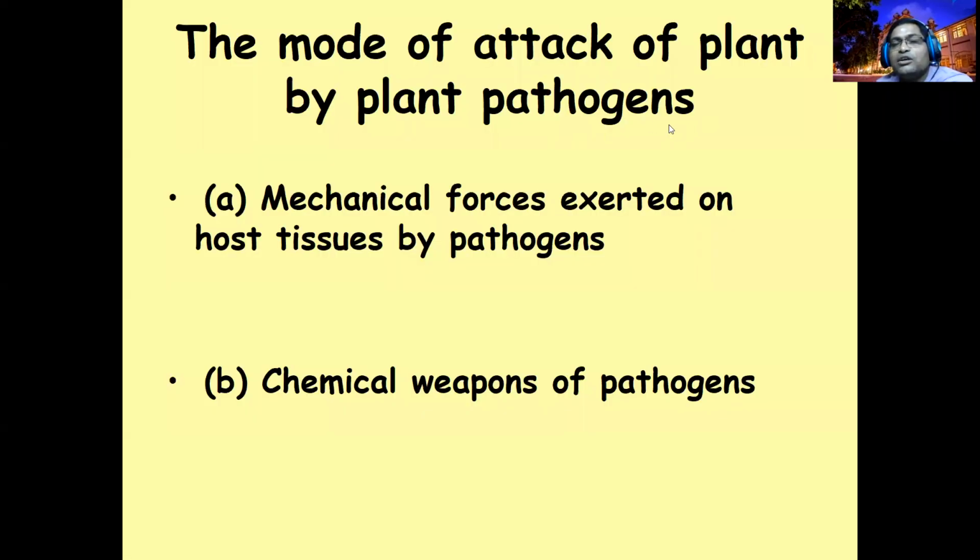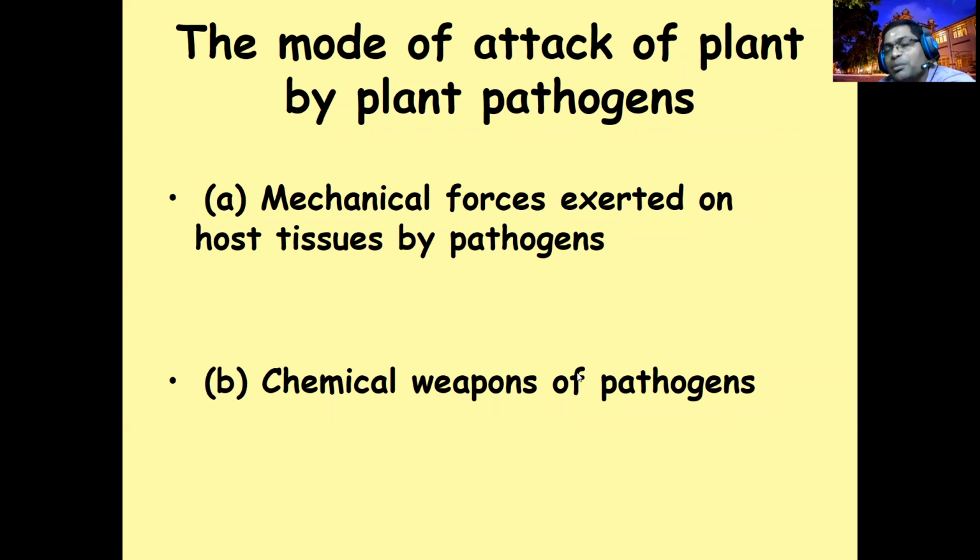The mode of attack of plant pathogens uses two ways: one is physical forces, the other is chemical weapons. To defend, the host also produces two things: mechanical or physical barriers, and chemical weapons.